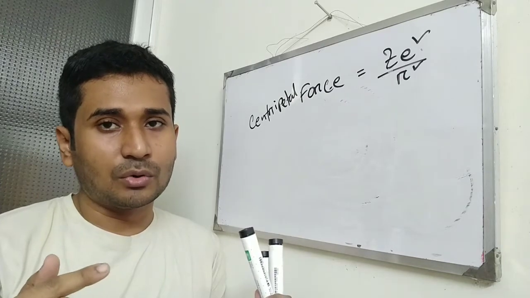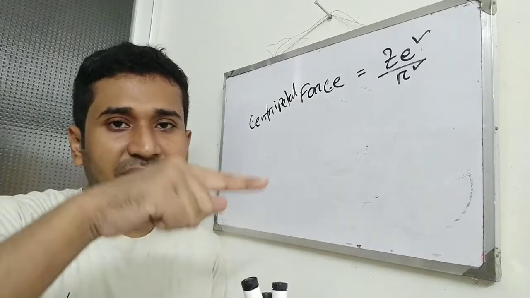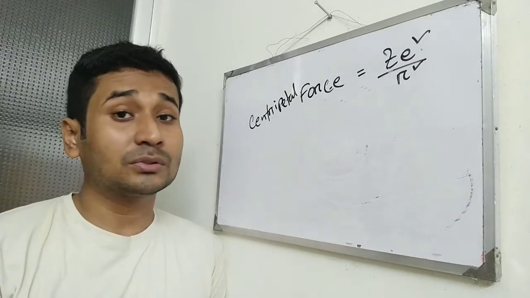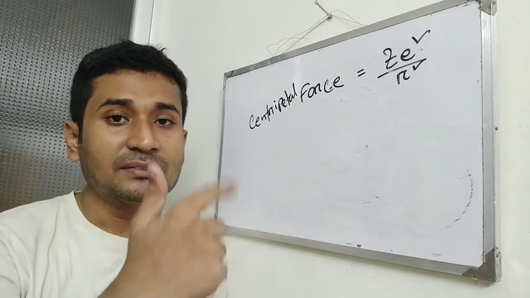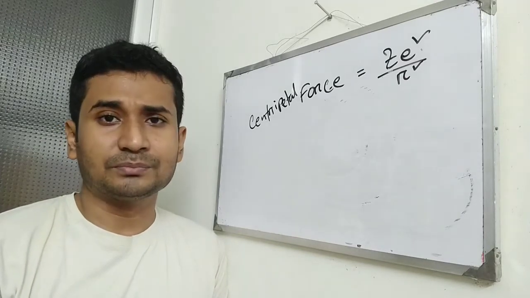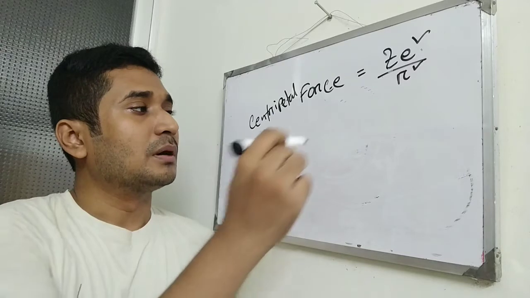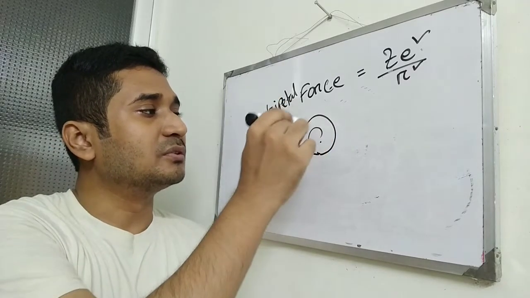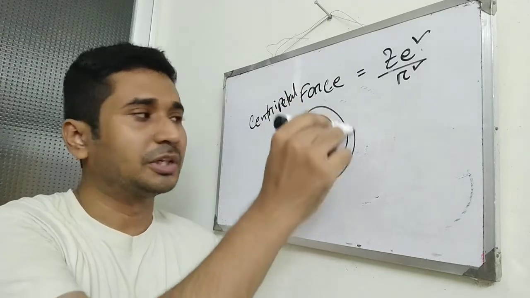That means it is going according to the center. But centrifugal force is not going according to the center. It can be random, like a random pattern. Centripetal force, the nucleus is going like this, right?